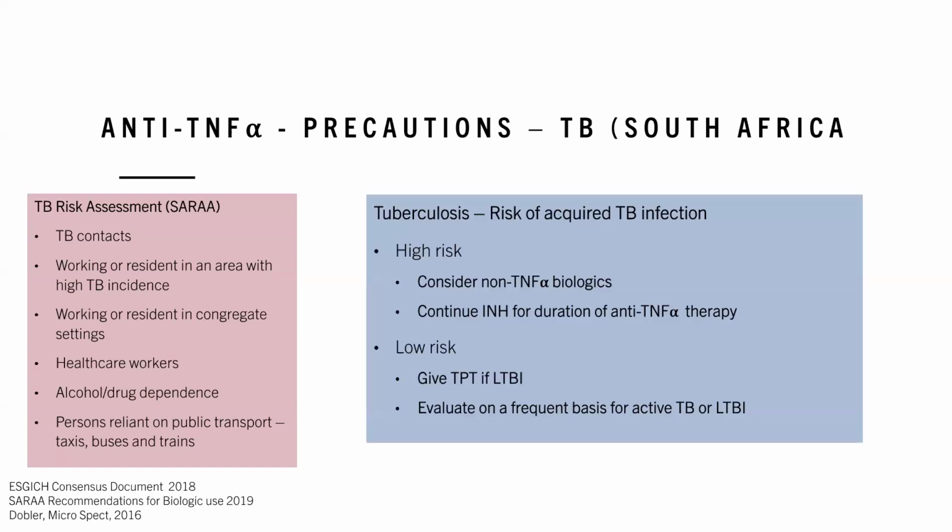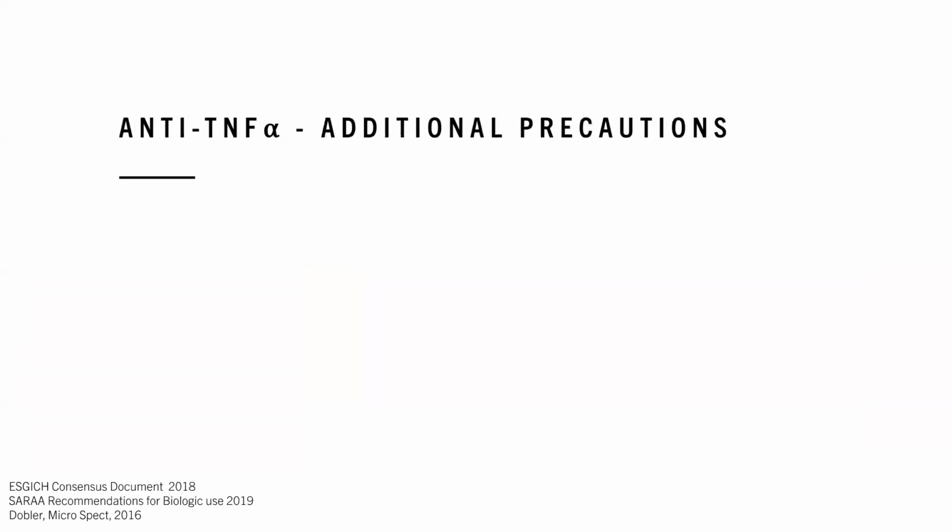Those that are high risk, you generally consider not using an anti-TNF alpha. Or if you need to use it, then keeping them on TB preventative therapy for the duration of the therapy, or the time that they're on the TNF alpha. If they are low risk, then you can consider giving a treatment for latent TB and then stopping, but also constantly evaluating for TB risk.